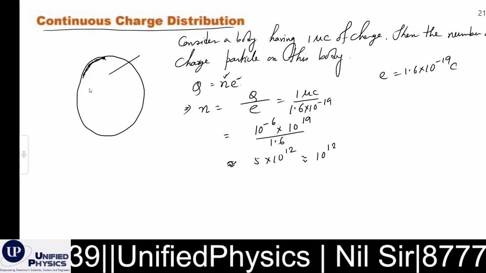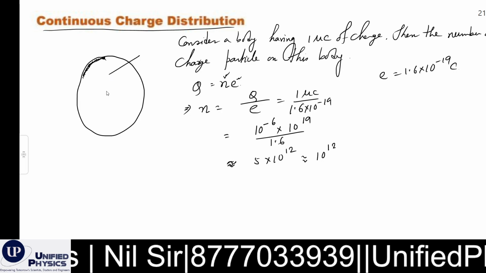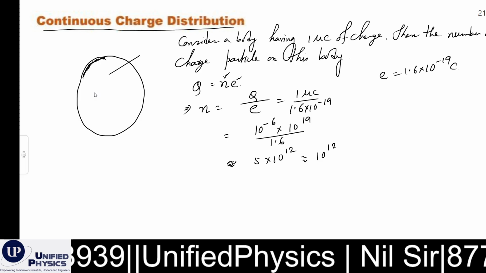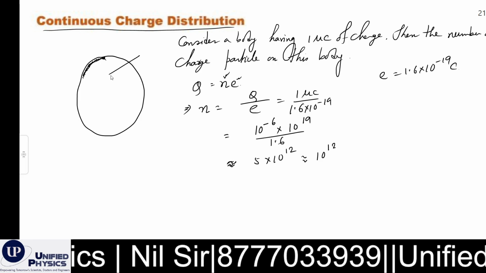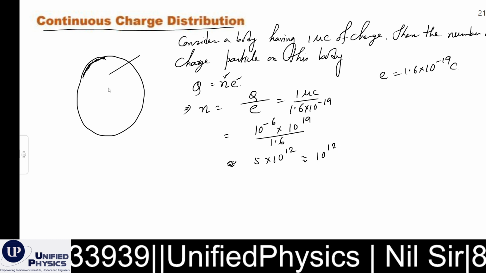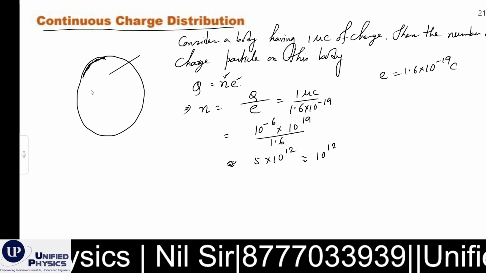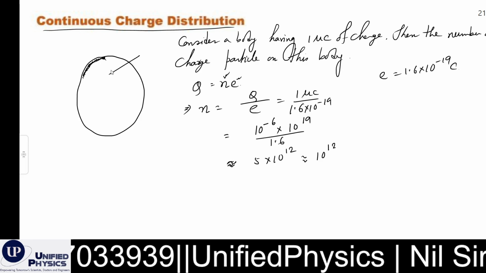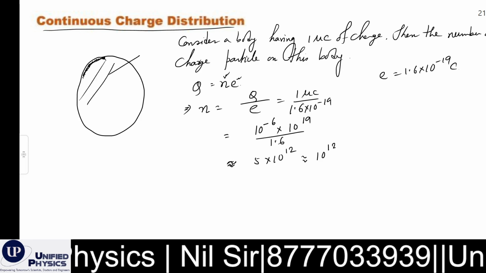So if there are 10 to the power 12 particles within this body, then you can imagine how densely they are packed. Here 10 to the power 12 electrons or protons are there, so you can imagine the charge density. In this way we can say the charge is continuously distributed within this body.